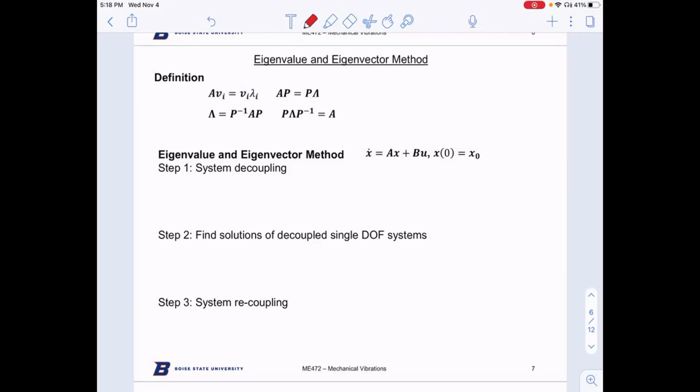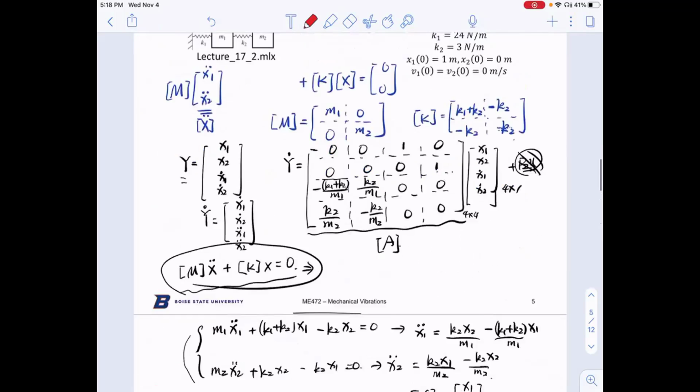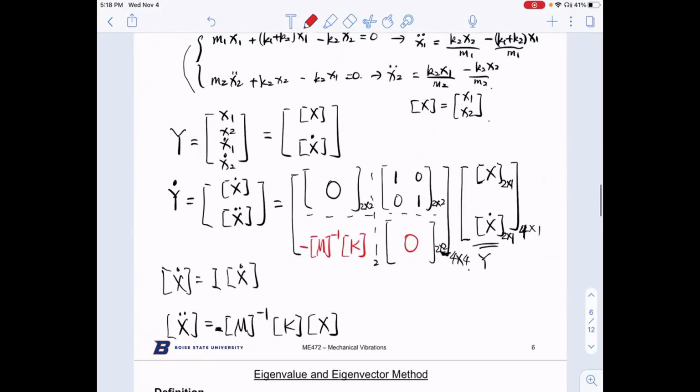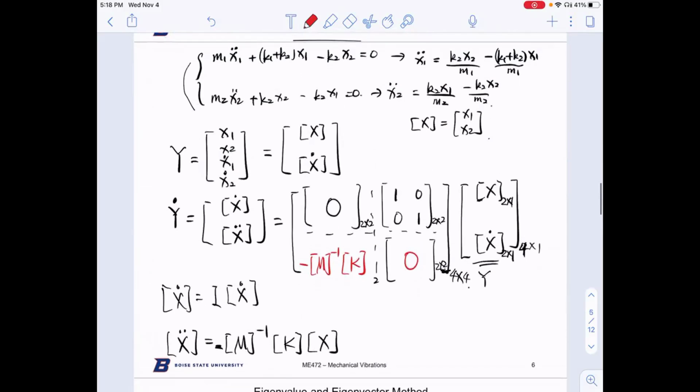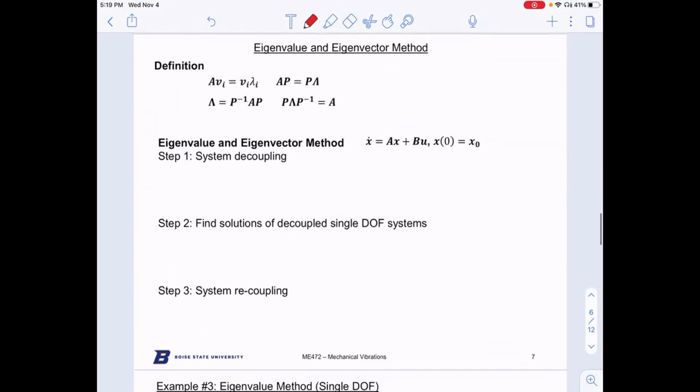So if you check my notes and just follow these steps, basically my notes are like a flow chart, and if you compare my handwritten part with my code, I think it's pretty straightforward. So this is the state space representation.